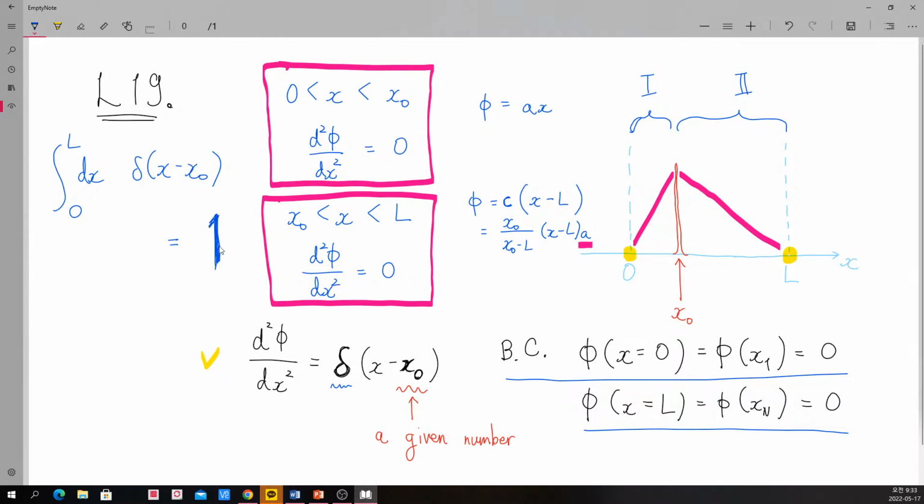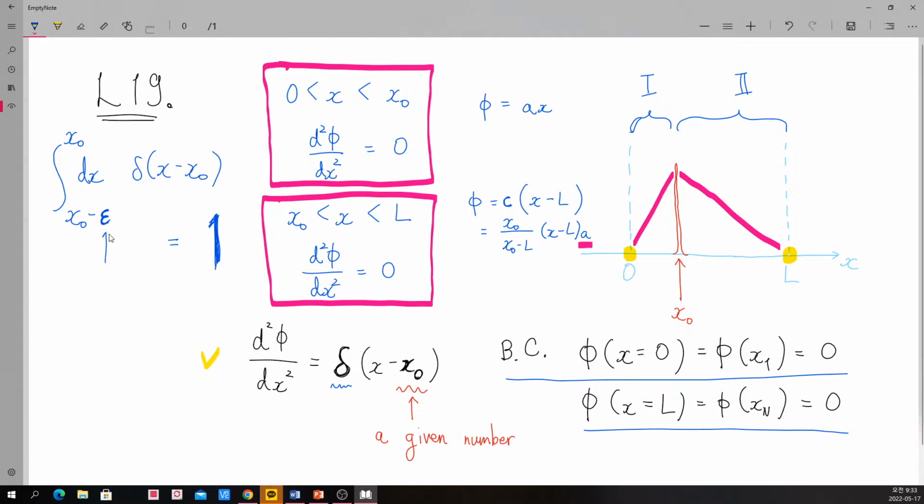Okay, that's good. However, instead of that, how about this? Instead of that, I just integrate this Dirac delta function over a range of plus and minus a certain epsilon. So this is not permittivity at all.